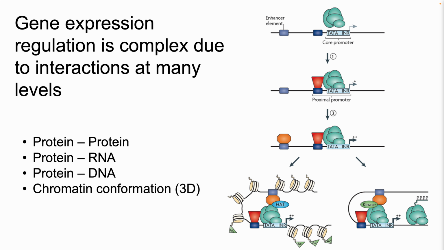Then you've also got protein-RNA interactions. The one that my lab works on a little bit is sex chromosome regulation, and we know, especially from Drosophila, that there are 2 key RNAs that hold the dosage compensation machinery together.